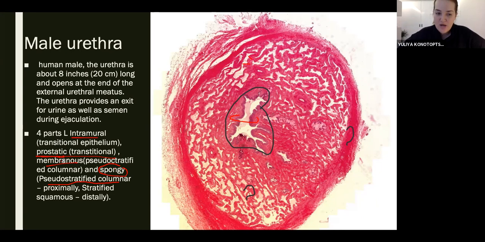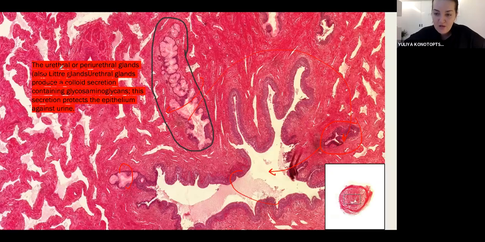So in the membranous and in the spongy urethra, you will find glands of Littre. The purpose for them is to make this mucus, which will be coating your non-transitional epithelium and protecting it from urine that you're passing. So this is a gland and this is a duct of this gland. Make sure you remember.